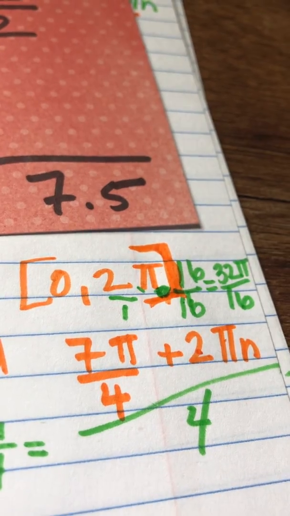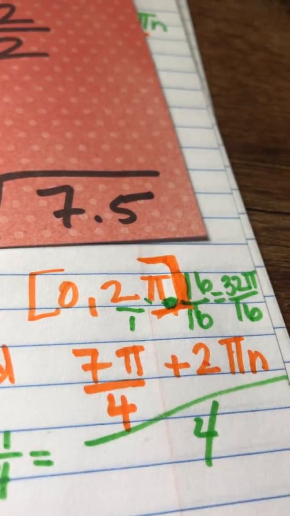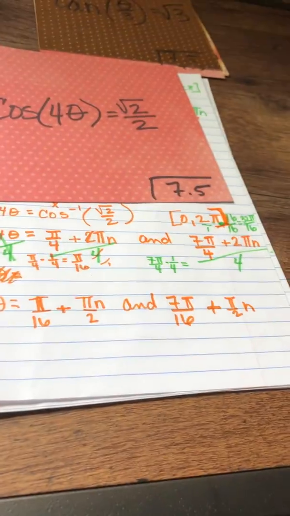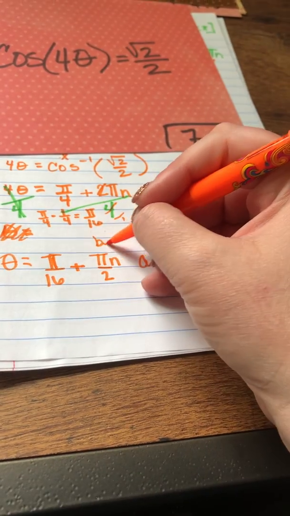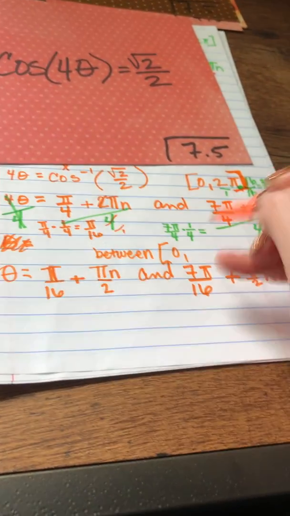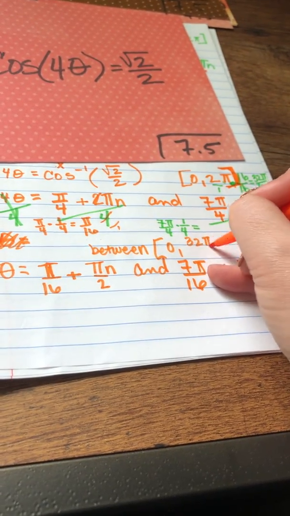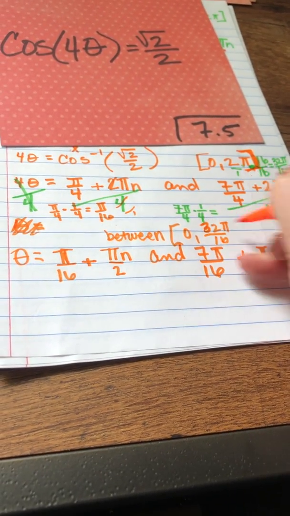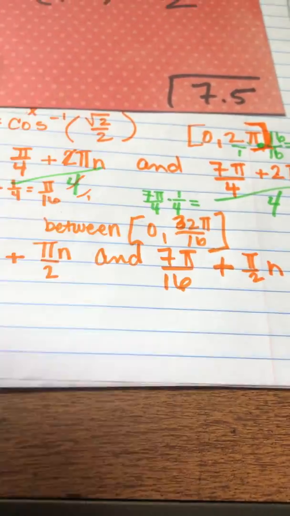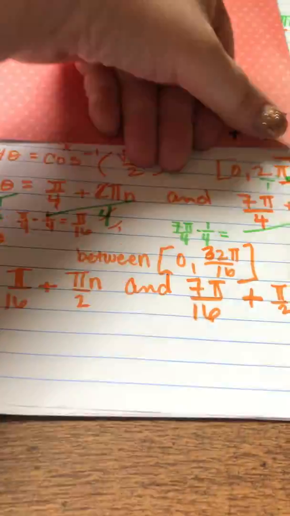So instead of saying we need to lie between 0 and 2 pi, we can say we have to be between 0 and 32 pi over 16. If we have something bigger than 32 pi over 16, then it's too big, it's not in this interval, and we need to cross it out.